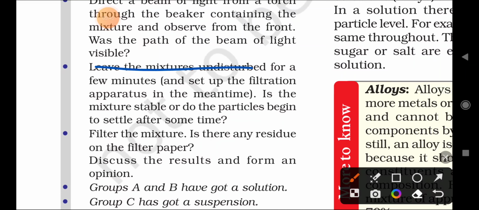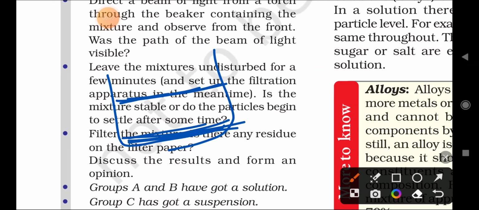Leave the mixture undisturbed for a few minutes and set up a filtration apparatus. In the meantime, is the mixture stable, or do the particles begin to settle after some time? When we mix the substance with water, some substances are present at the surface, some at the bottom of the container, and some inside the water.